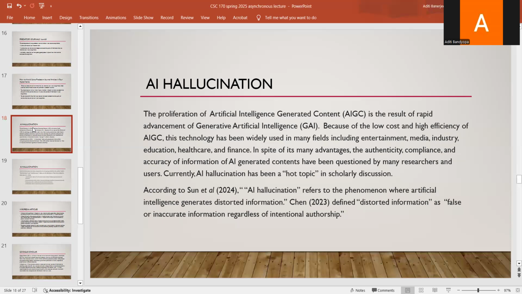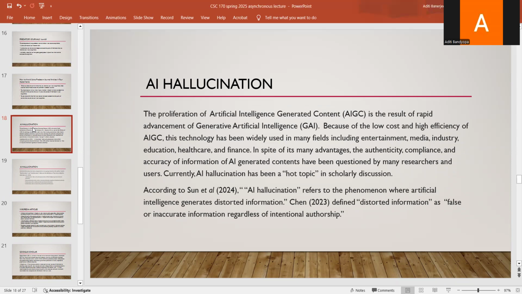The production of AI generated contents costs us less and the technology is highly efficient. Because of those two factors, AI generated contents have been widely used in many fields now, including entertainment, media, industry, education, healthcare, science and technology, and also in finance.